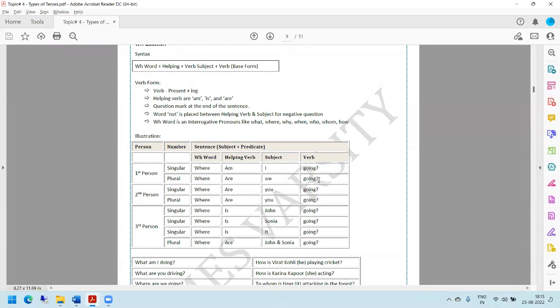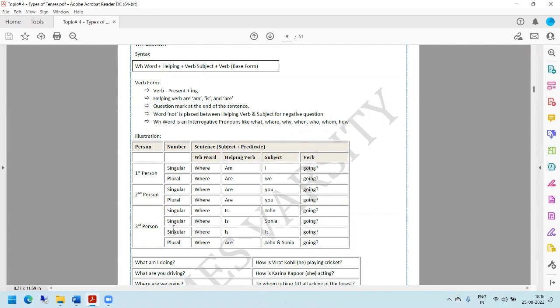Where are we going? So you see the WH word, then helping verb, subject, verb. This is how it works. For second person singular, where are you going? For third person singular, where is John going?